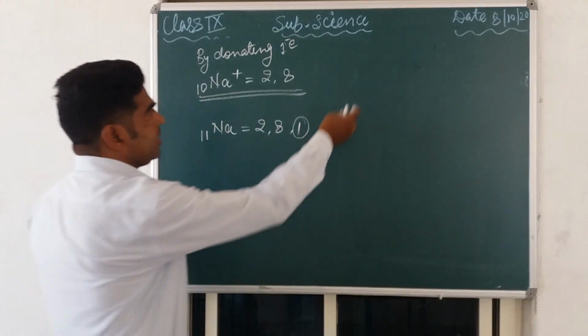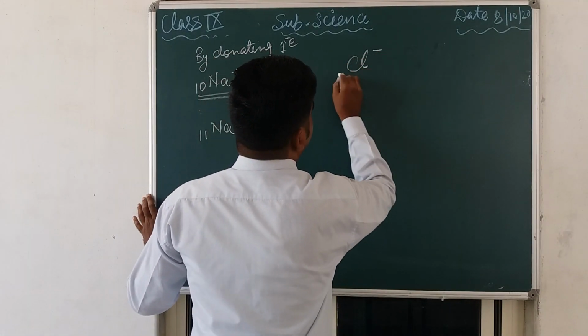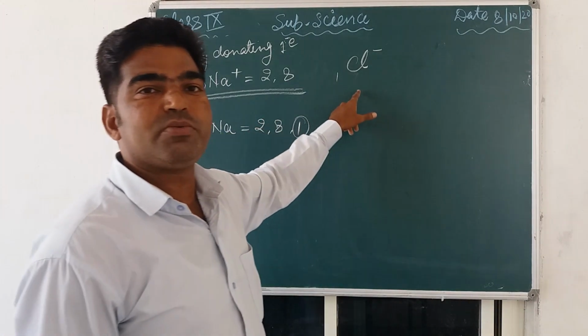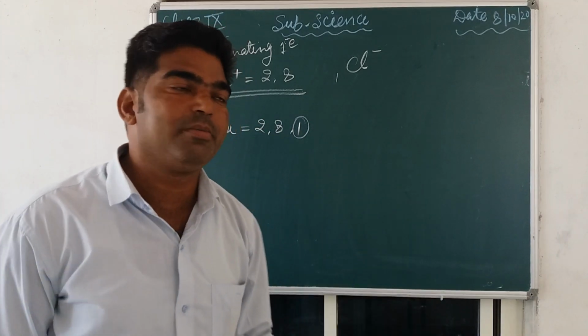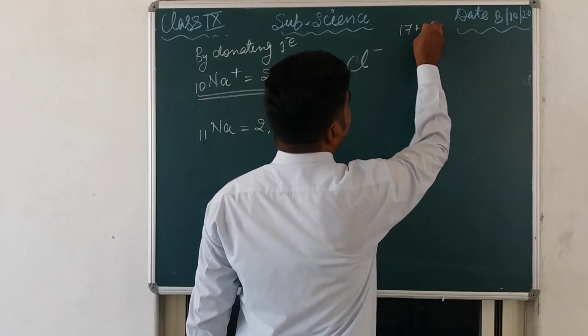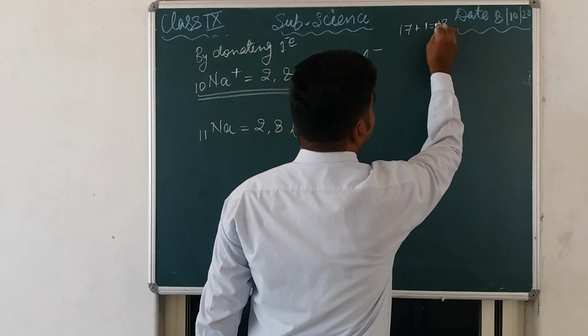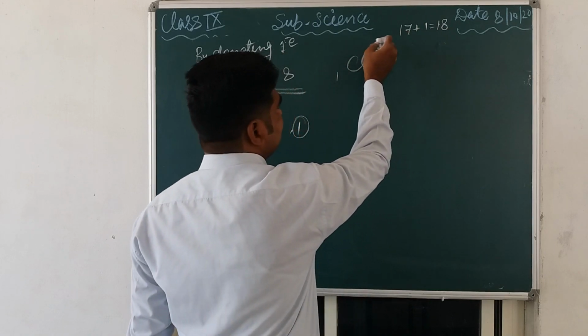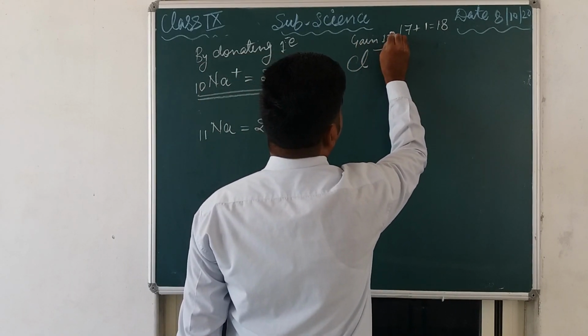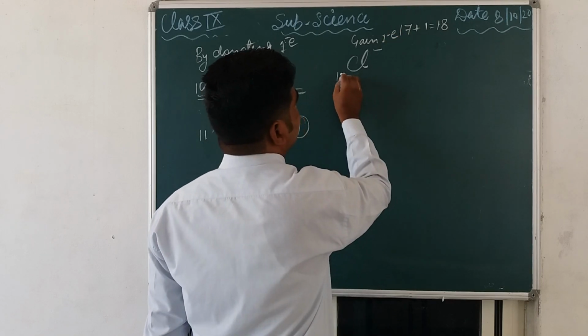In a similar way, if we want to write it for Cl minus, minus means what? It gains one electron, which means the number of electrons, already 17, plus 1, becomes 18.